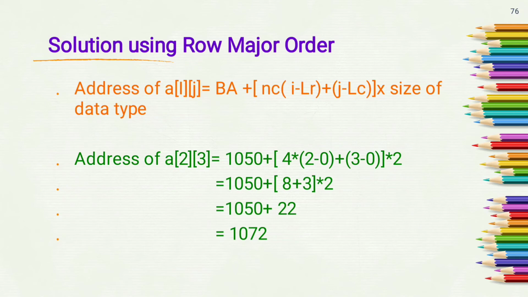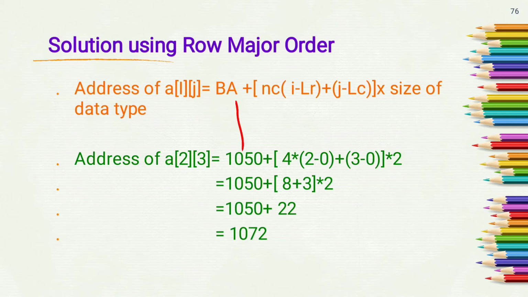So what is the formula for aij in row major order? Base address plus number of columns into I minus LR, because in row major order we multiply number of columns with I minus LR, plus J minus LC, into size of data type.